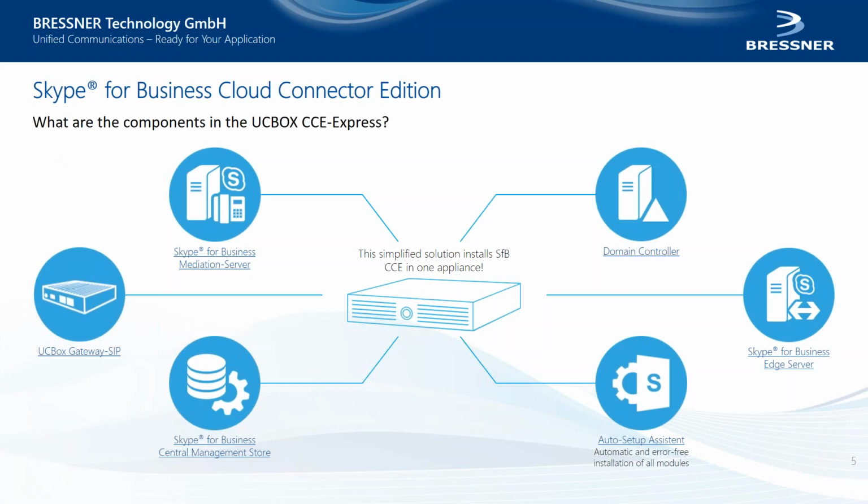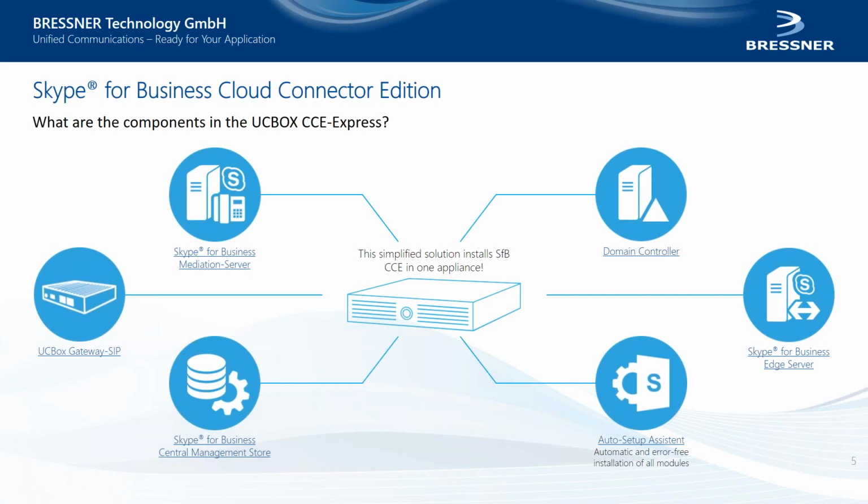So our solution will be delivered with pre-installed, preloaded Skype for Business bits. If you are familiar with all the commands for PowerShell, it takes about 1 hour just to download these Cloud Connector SFB bits before you can start the installation. So this is done by us.